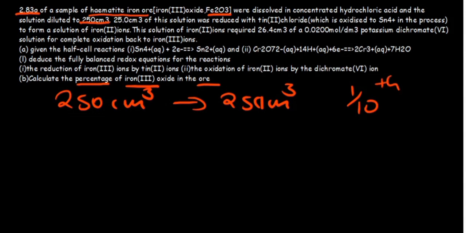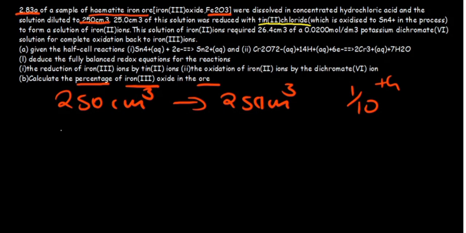This takes us back to the half reactions that we had come up with. Remember, what half reaction did we show for the reduction of the iron 3 ions? How did we write it? We had shown it this way, that plus 10.